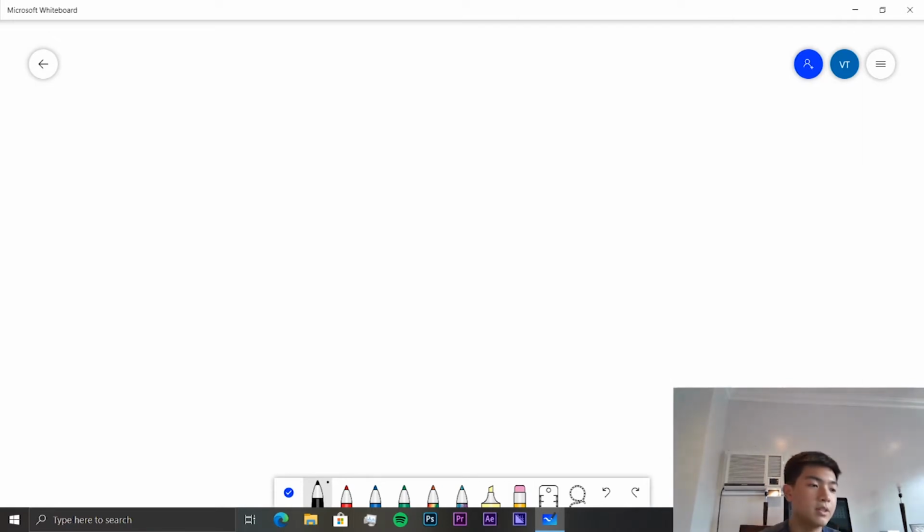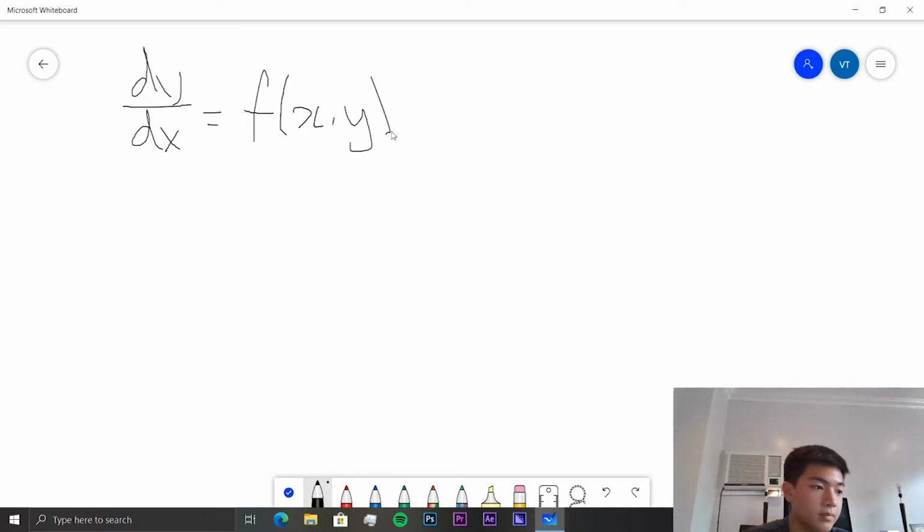The most common one that we can use is called Euler's Method. It is when we have a first order differential equation in the form dy over dx expressed as a function of x and y. This works by selecting an initial point (x0, y0), and then we use recurrence formulas to generate the next point.